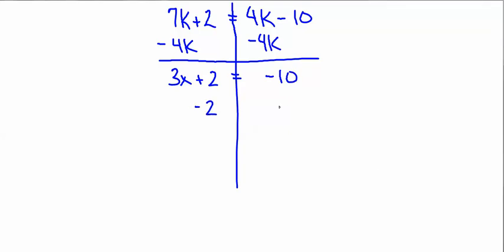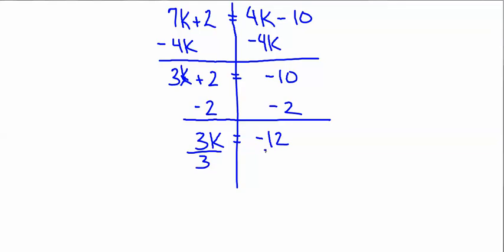Subtract 2 from each side. 3k equals negative 10 minus 2. Good, negative 12. Divide by 3. And k is equal to negative 4.